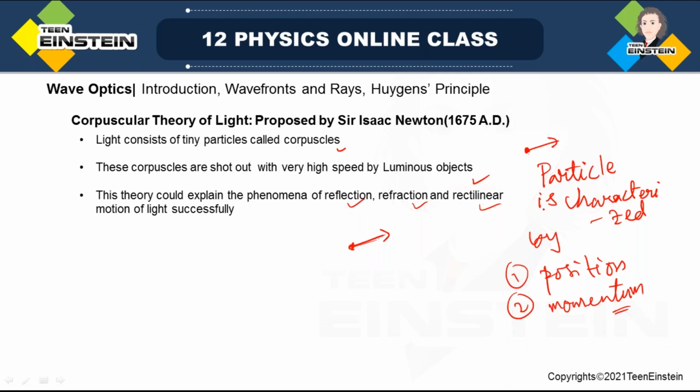Sir Isaac Newton had this idea that a tiny particle may move in a straight line as seen in classical mechanics. Similarly, if light consists of tiny particles, then light must travel in a straight line because each particle will travel in a straight line. With that model, he was able to explain all these phenomena. So it was very nice so far.